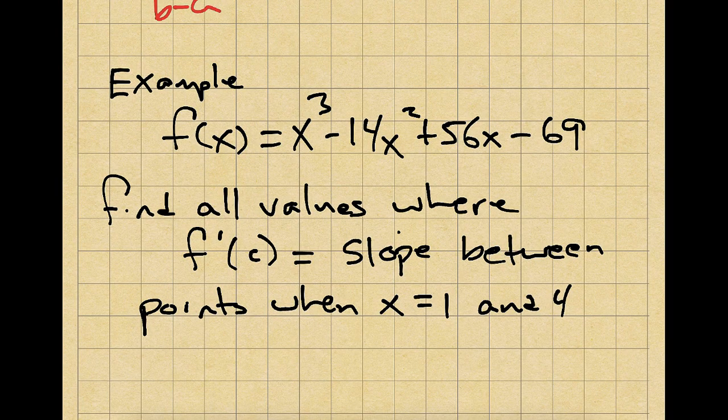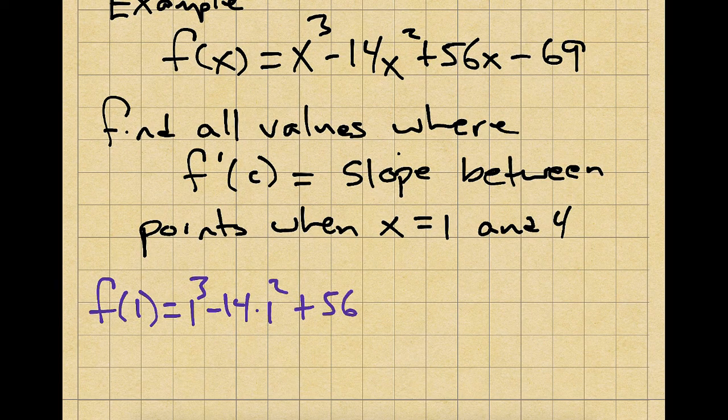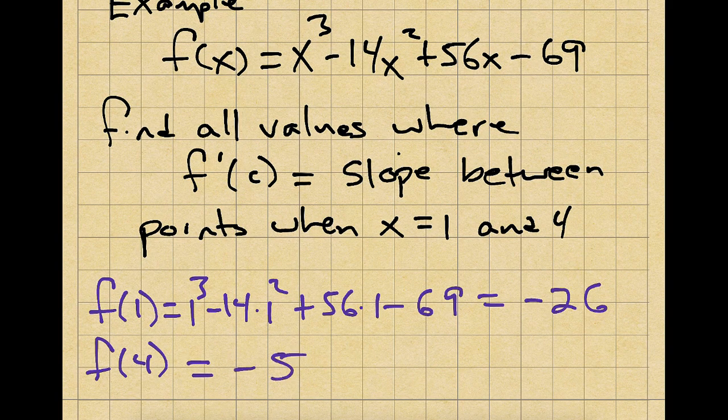So the idea behind that is, let's try to figure out what we have here. If we do f of 1, 1 cubed minus 14 times 1 squared plus 56 times 1 minus 69, we'll find that that's negative 26. And if we find f of 4, if we plug 4 in there, we'll find that that's negative 5.